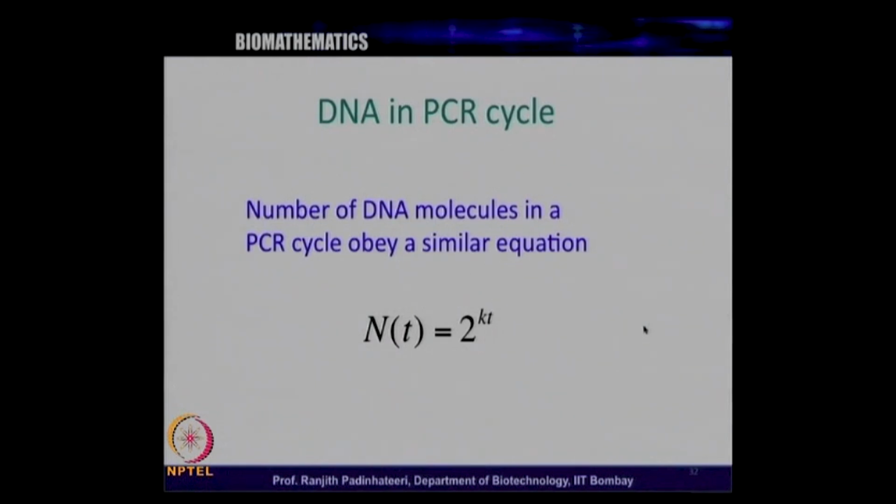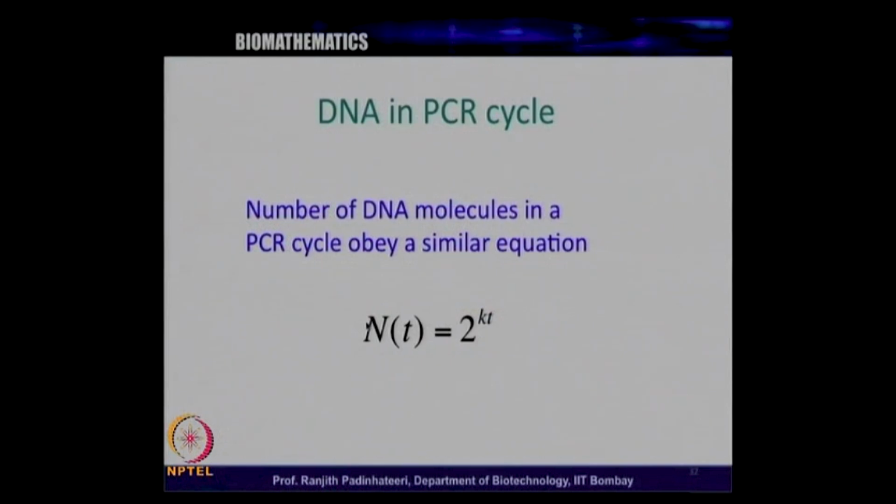You all know what PCR is. PCR is polymerase chain reaction, and the DNA molecule is divided at each cycle. When you replicate, the DNA molecules increase. So, you have 2 DNA molecules, and basically you can again get 2 power k t like this. Another example is these exponentially increasing DNA molecules.